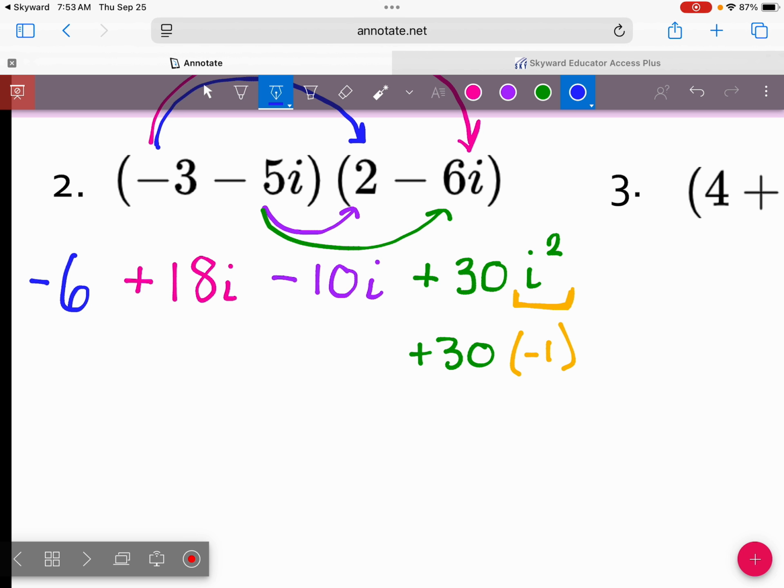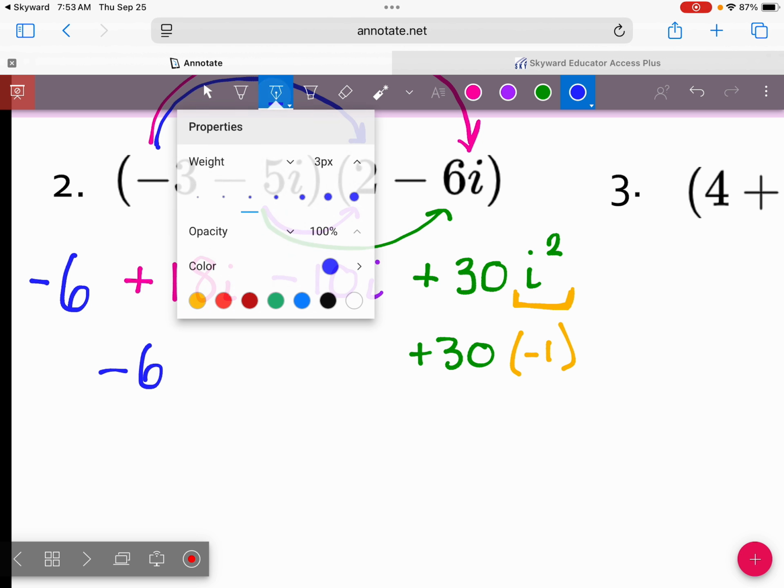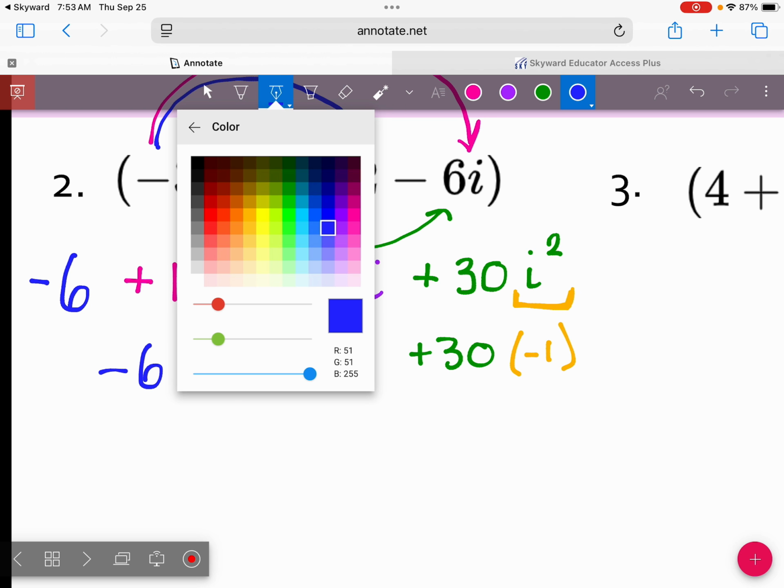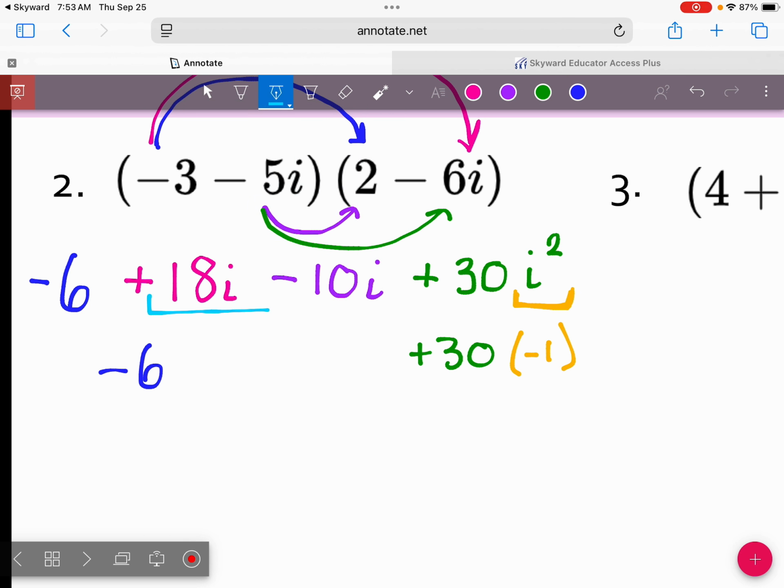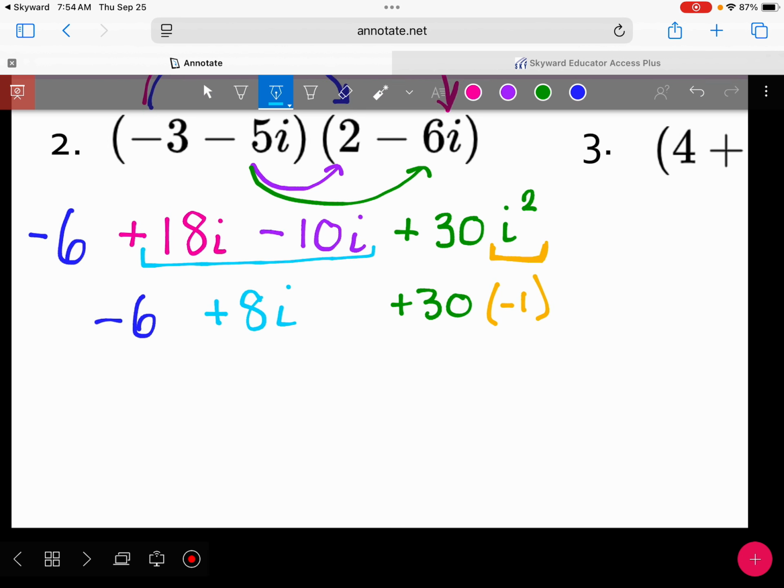So we can simplify this in any order that we want. I could combine my like terms together right here. Totally valid. I could take this through and combine together my 18i minus 10i. It's going to give me an 8i. So now I have negative 6 plus 8i plus 30 times negative 1. What is this going to simplify down to be?